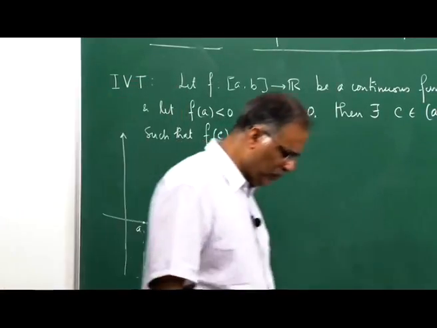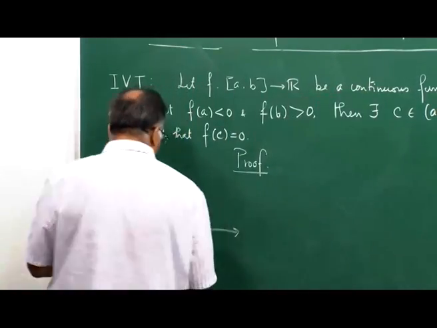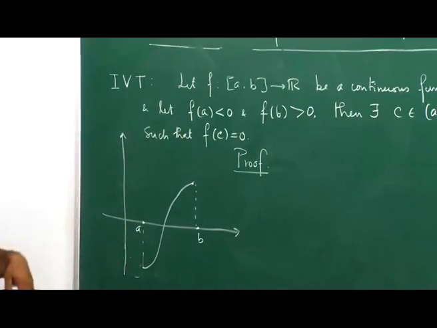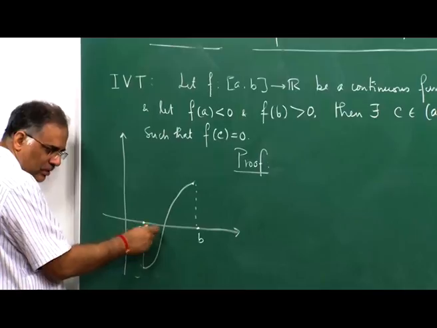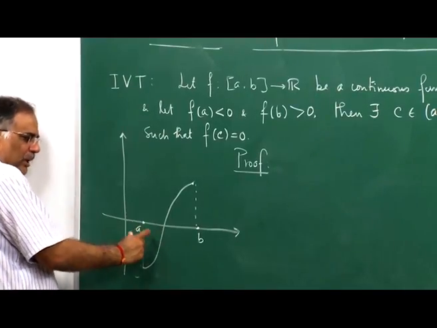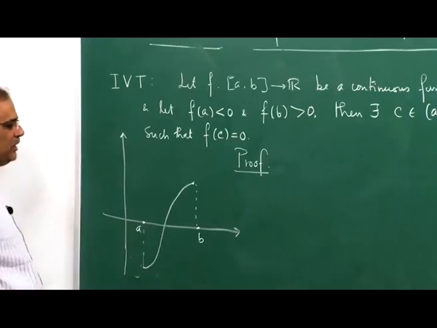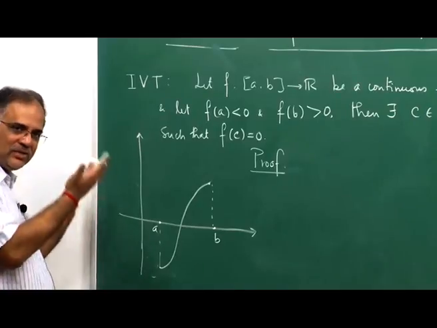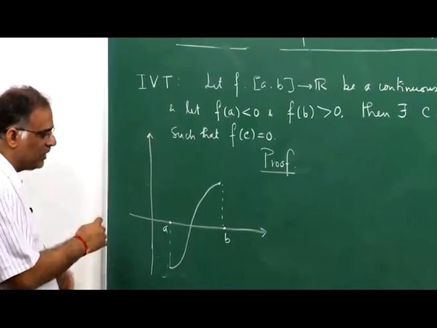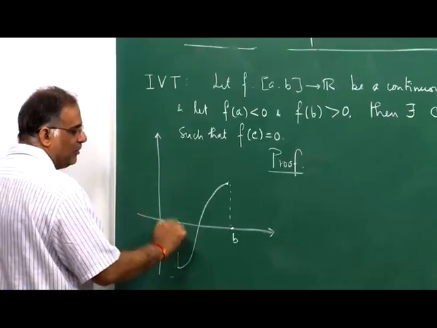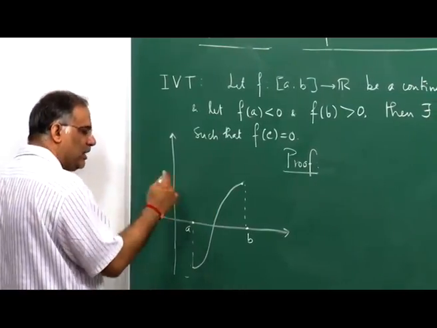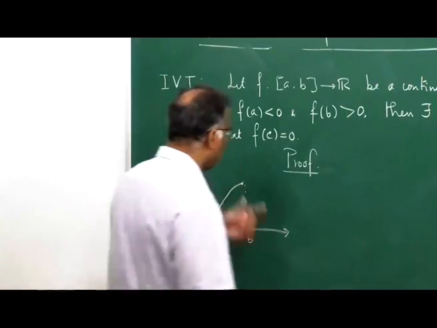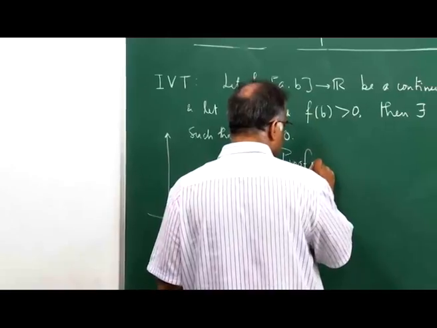In order to do the proof, first I have to observe that since f is continuous and f a is strictly negative, there is a neighborhood around a. Here I cannot have full neighborhoods, but only half neighborhoods. So, there is a neighborhood around a such that f of x would be strictly less than 0. I can find a delta such that in the interval a to a plus delta, for all x, f of x remains strictly negative.